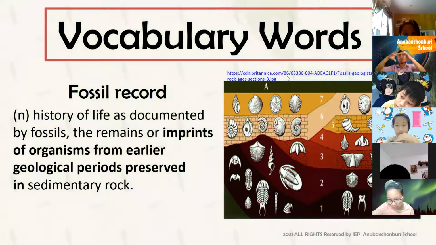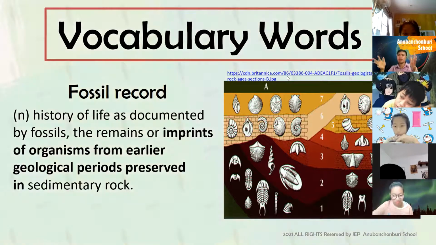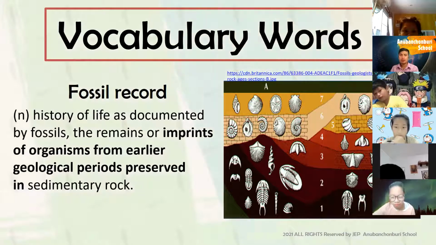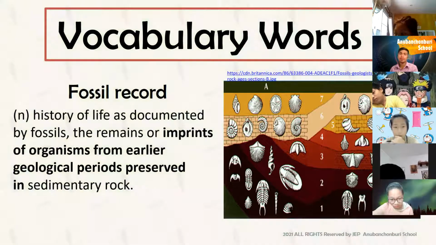And then you put them together, and then you have the fossil record. And you will see what animals lived together at the same time, and a lot of information. Okay, so the remains or imprints of organisms from earlier geological periods preserved in sedimentary rock. That is the fossil record.